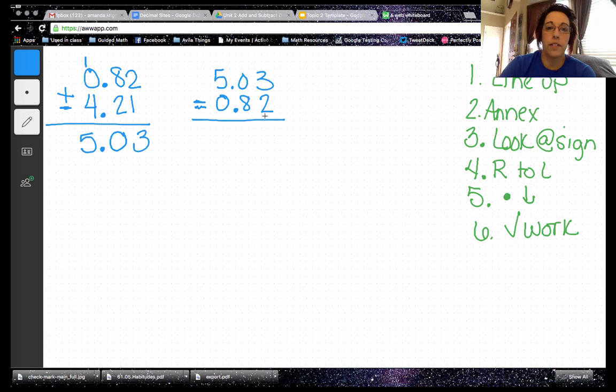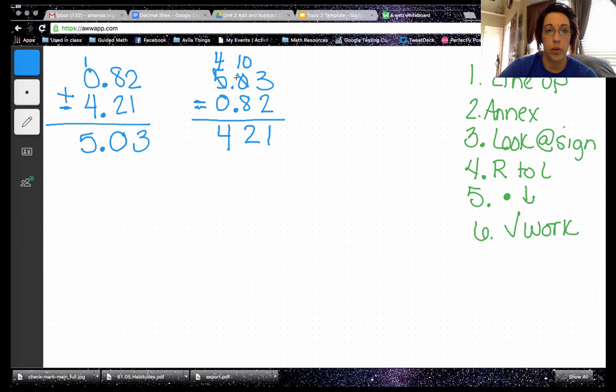It's subtraction. We subtract from right to left. So 3 subtract 2 is 1. 0 subtract 8, we need to regroup. We borrow 1 from the 5, it becomes a 4. We add that number that we borrowed right here as a 10. 10 subtract 8 is 2. 4 subtract 0 is 4.